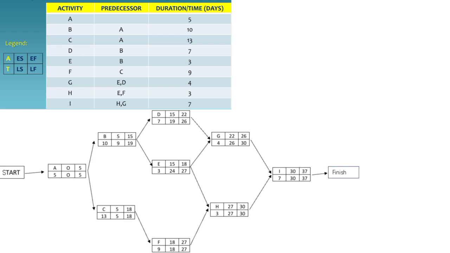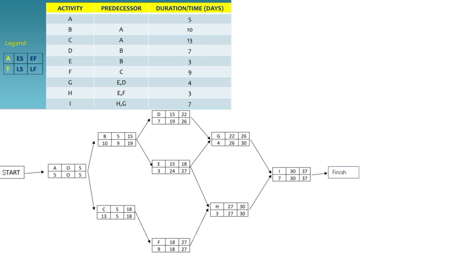Activity F. The late finish for activity F is the late start of its immediate successor, which is activity H with late start of 27. The late start for activity F is calculated as LS equals LF minus duration, equivalent of 27 minus 9 equals 18.